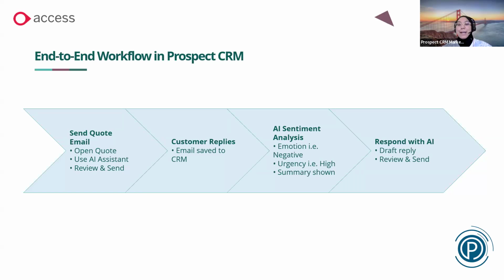And then you respond back to the customer. You open the email again, use the AI assistant to draft a response, addressing their concerns or any issues. You review it again, and then send it back to the customer. So that's the full loop of the AI in CRM. It helps you write, it helps you understand what comes back to you, and then what you send back over to the customer.